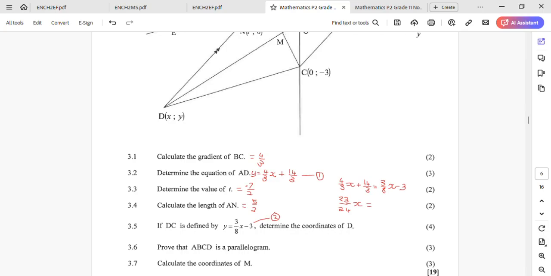Minus 3 minus 14 over 3, which is minus 23 over 3.